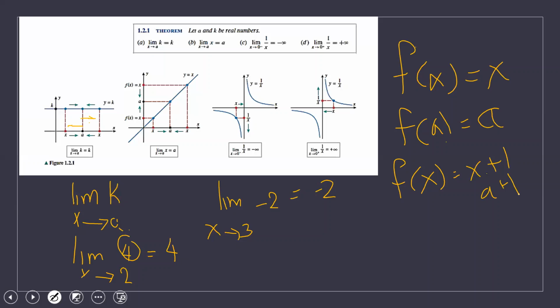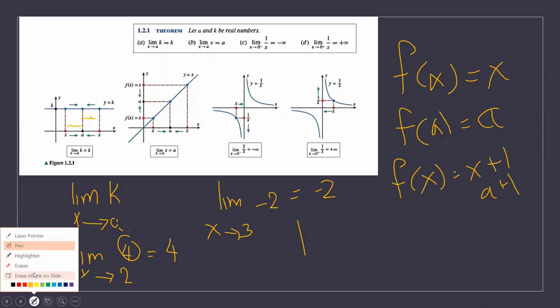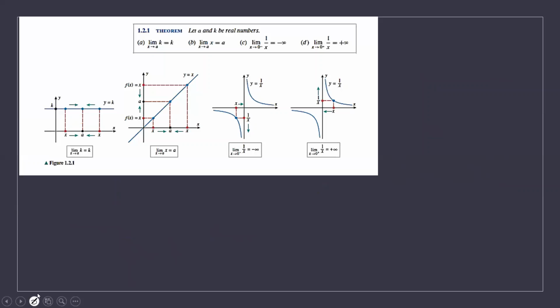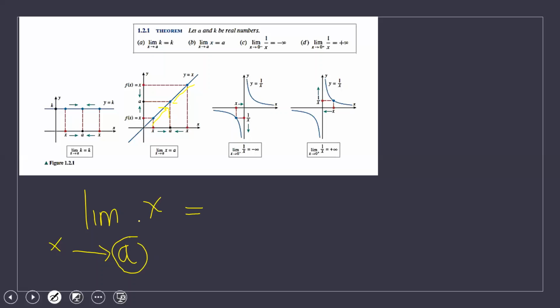So as x approaches a from the right it is x, and from the left also it is x, so I substitute a instead of x and the answer will be a.